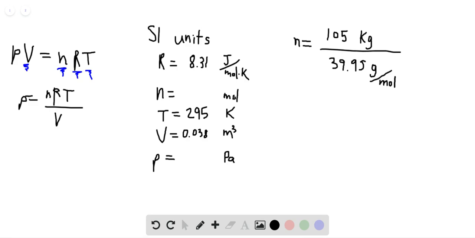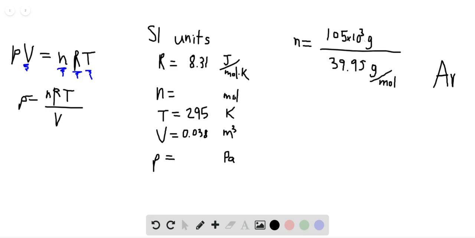One way to solve that is to convert this kilogram into grams. And to do this, we need to multiply by 1,000. So here we have our 105 kilogram of argon, and then we divide by the atomic weight of 1 mole. This information can be found in the periodic table under argon.